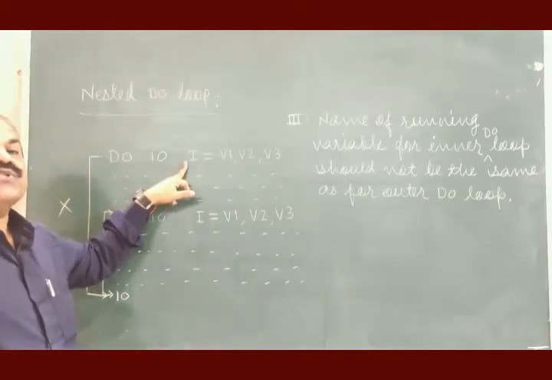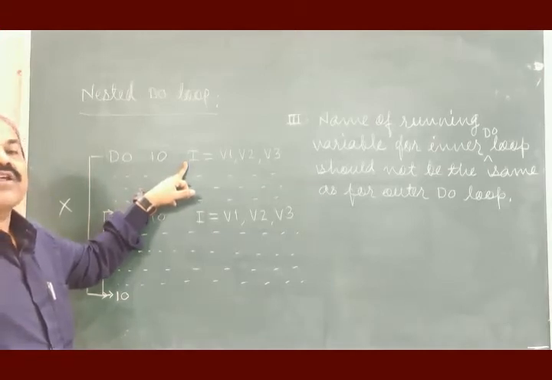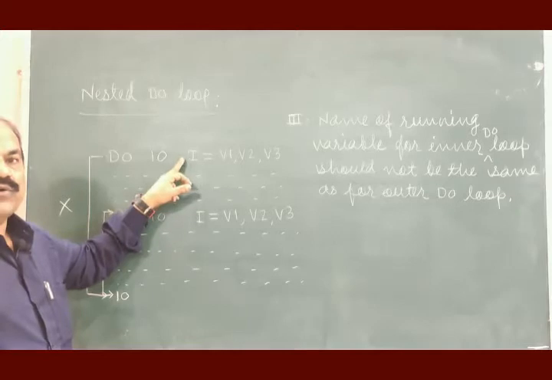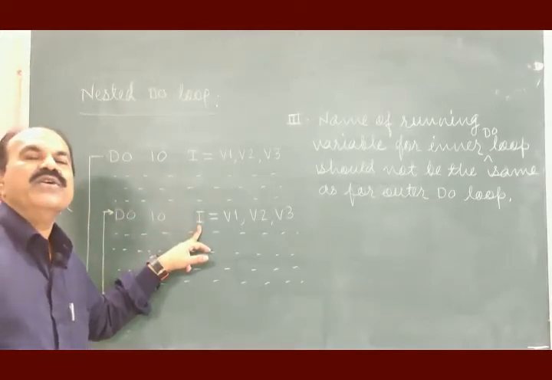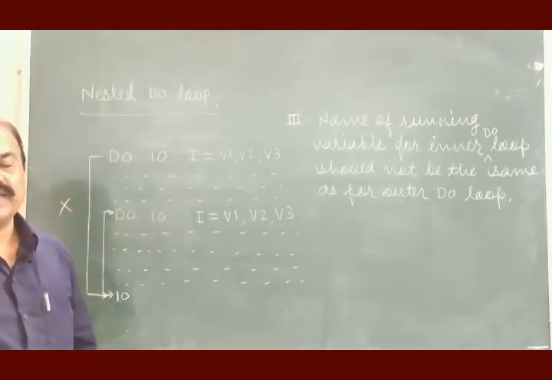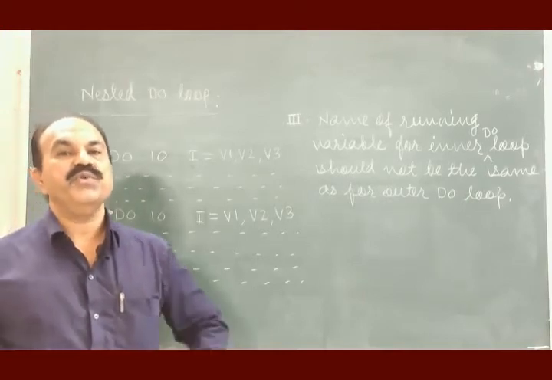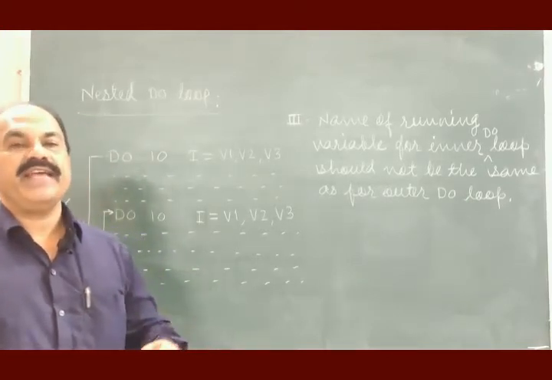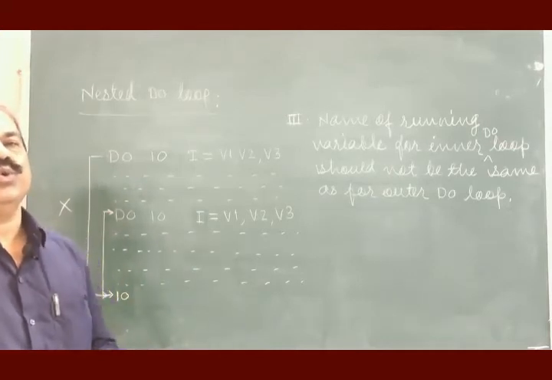But when I use the variable name I for the running variable in the outer do loop, I cannot use the letter I for the running variable of the inner do loop. That is, the same name cannot be used for the running variable of the inner and outer do loop.